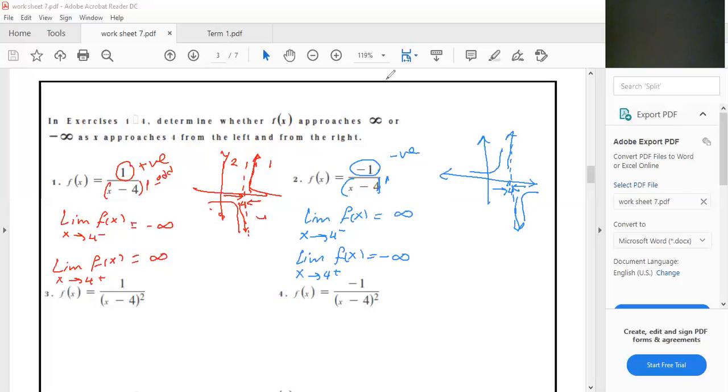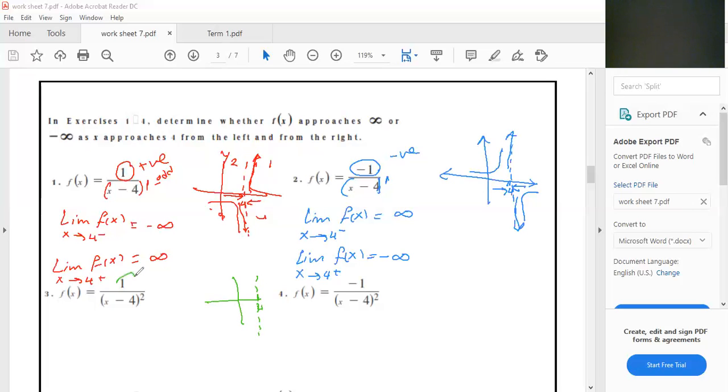Here, let's change the color. I'd like to use another color, green. Green color, it's good. For this one I need the sketch, but if you remember, you don't need to draw. At 4 also, we have to draw the vertical asymptote.